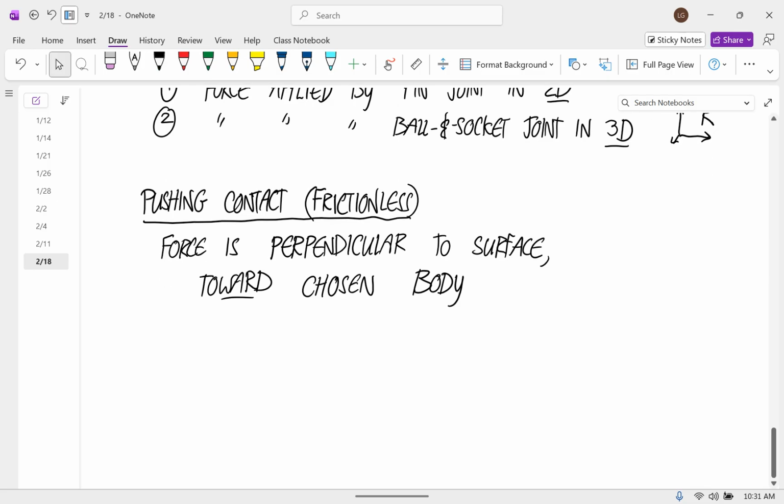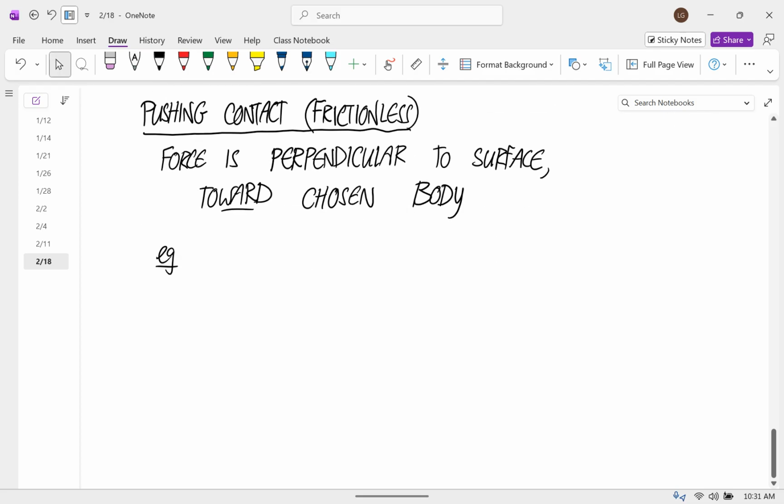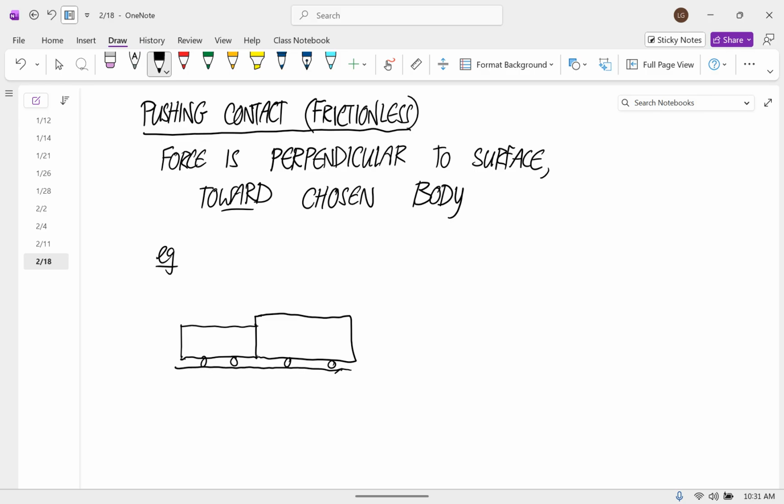So for example, let's say that we have two bodies on rollers in contact with each other. And this one has a mass of 100 kilograms, and this one has a mass of 40 kilograms.